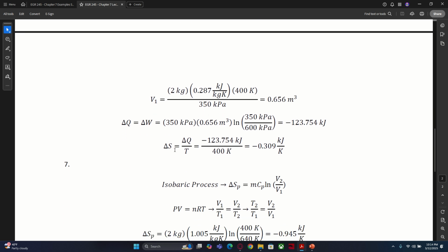Now, as always, our main equation is the change in entropy is the heat transfer divided by temperature. So negative 123.754 kilojoules divided by 400 Kelvin equals negative 0.309 kilojoules per Kelvin.